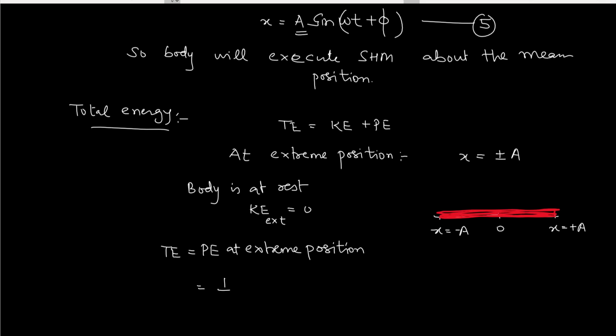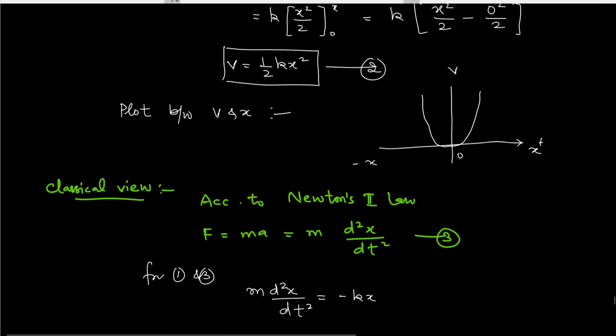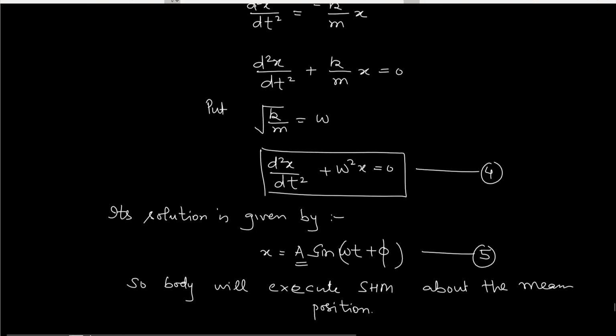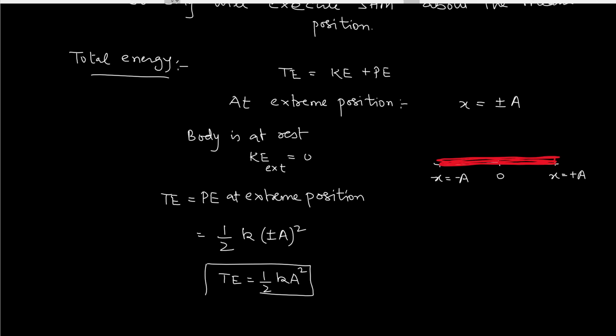So if we substitute in equation number 2, the formula for potential energy, half kx square, with x equal to plus or minus a, the total energy will be half k a square. So this is the formula for total energy, and we mark this as equation number 6.